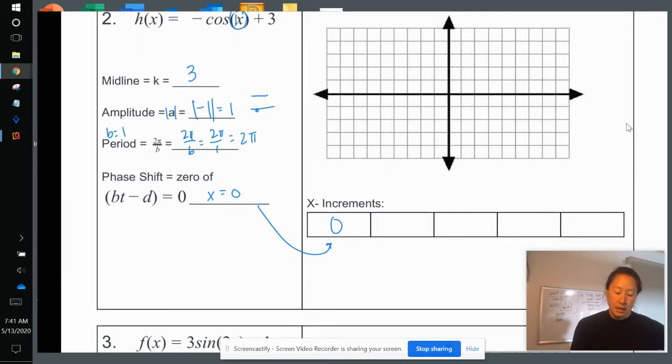And then I need to add the period. So I'm going to take the period, 2 pi, and divide it by 4. I always do this, no matter what. All right, and that reduces to 2 pi over 2.